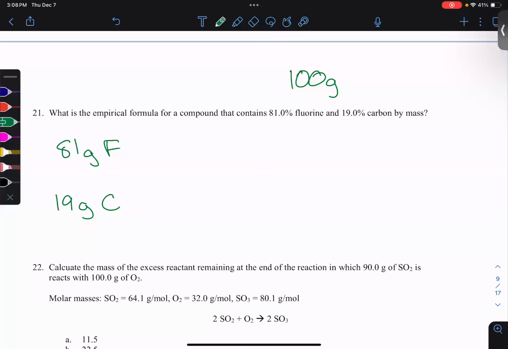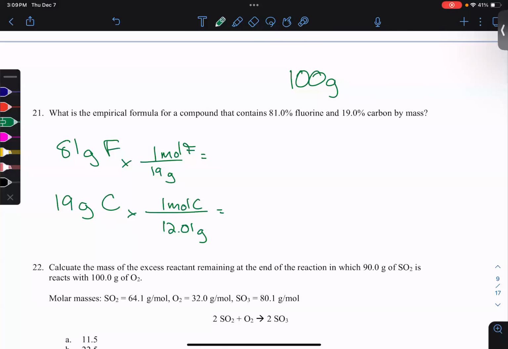And I want to do that because my goal here is to get a mole ratio. I can't turn percents into moles, but I can turn grams into moles. So I'm going to do grams to moles, using the respective molar masses. Fluorine is 19 grams per 1 mole of fluorine, and carbon's 12.01, but you've memorized that by now, per 1 mole of carbon.